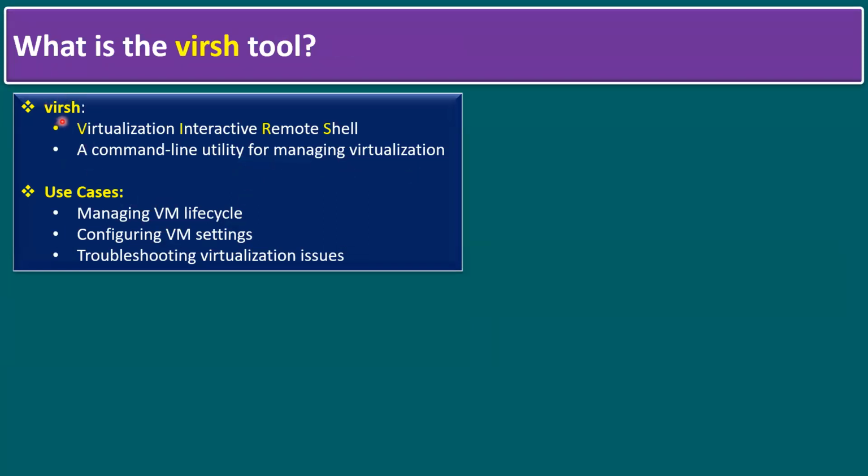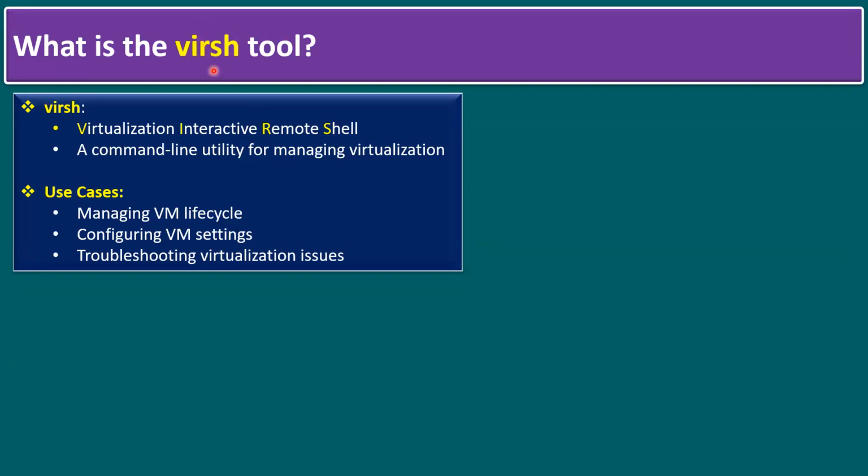The main use case for this tool is managing the virtual machine lifecycle. That means start, stop, suspend, resume, all the virtual machine operations, and configuring the virtual machine settings. In addition, this tool is also helpful for troubleshooting virtualization issues. During our discussion, I'm going to use the virsh tool.